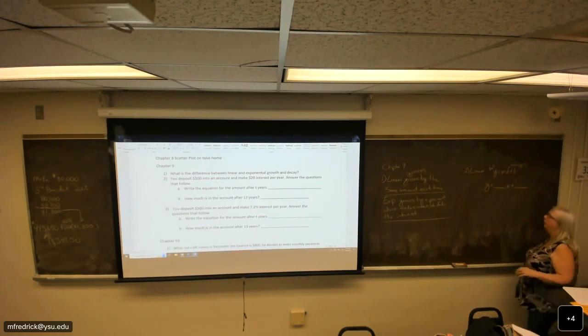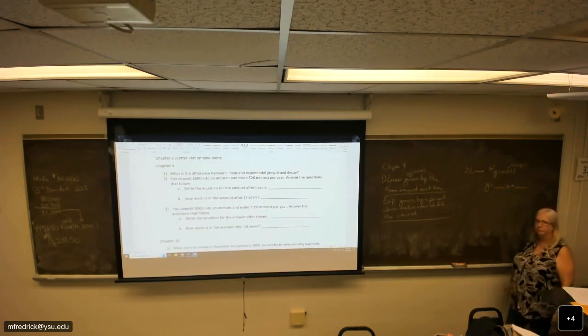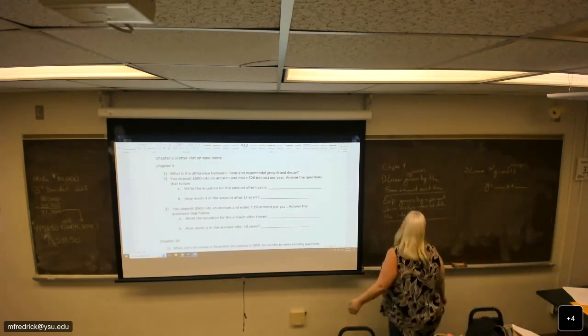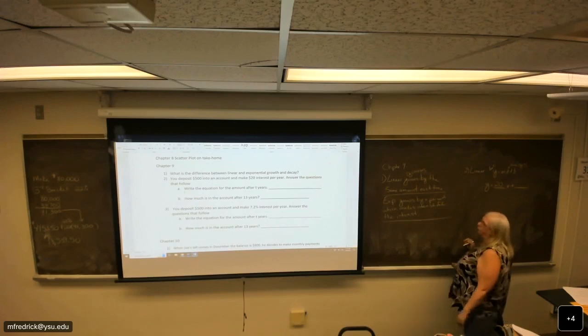Where does the 20 go? Is it the slope or the y-intercept? Because it's $20 per year, so it's a rate. X is years, 20 per year. And we started with 500.